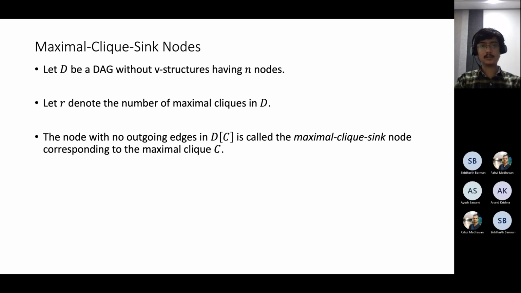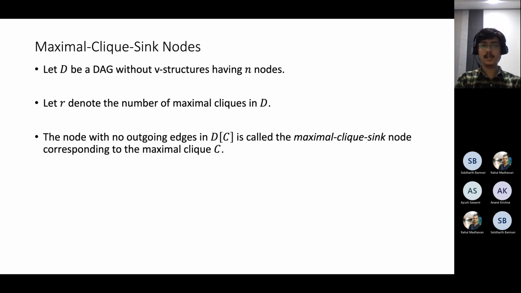In the MEC you are talking about, there can be V structures. What is known in the literature is that if there are some directed edges in the MEC, then after removing those directed edges, we obtain connected components which are all undirected. Those undirected components, if we orient them, must be DAGs without V structures.